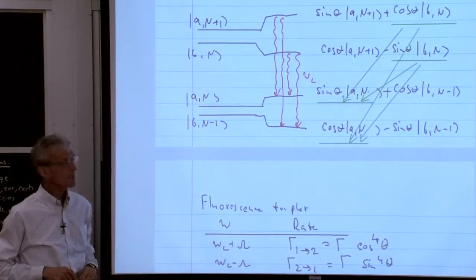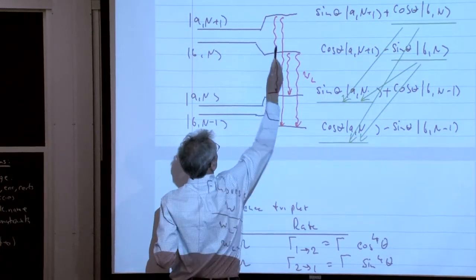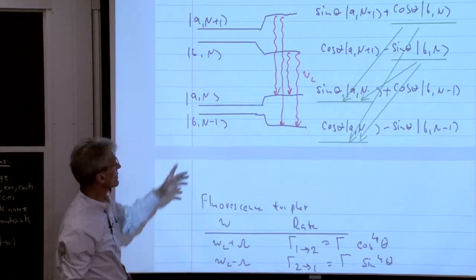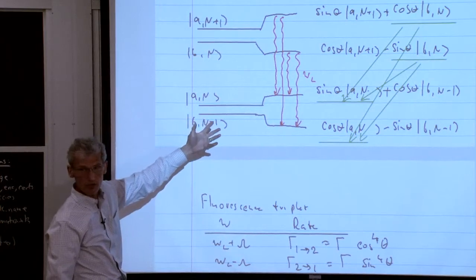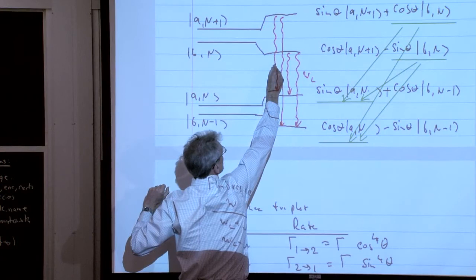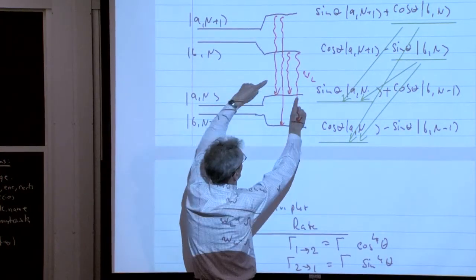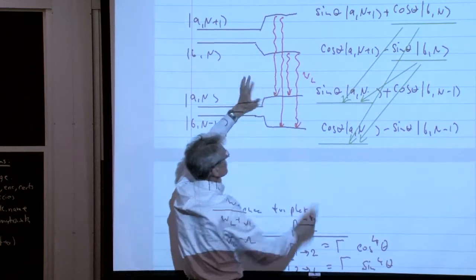You immediately see that in this picture, if you allow spontaneous emission from the upper manifold to the lower manifold, you have 4 different combinations. This is the blue sideband, this is the red sideband, this is the blue sideband, this is the red sideband, and those 2 are the carrier.